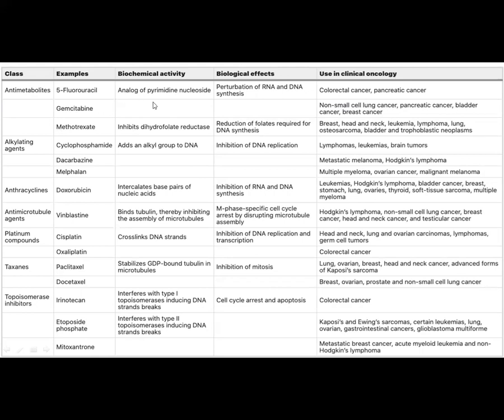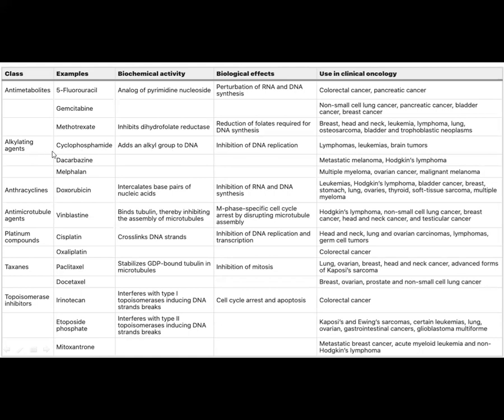Gemcitabine has the same uses. Methotrexate inhibits dihydrofolate reductase, reducing folates required for DNA synthesis. Used for breast, head and neck cancers, leukemia, lymphoma, lung cancer, osteosarcoma, bladder cancer, and trophoblastic neoplasm.